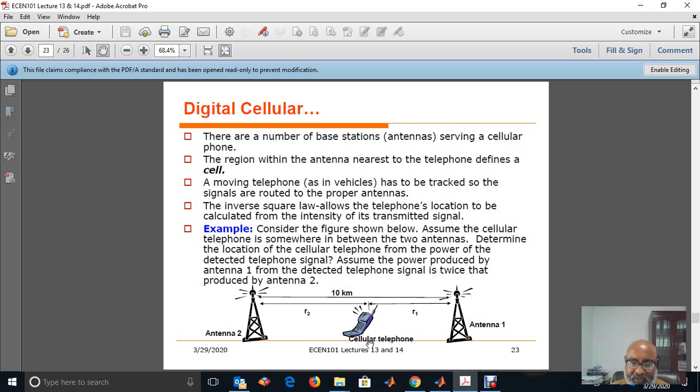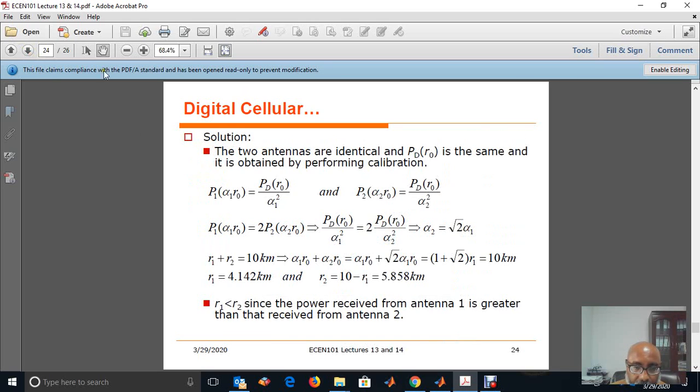Localization means the location of the receiver, or the location of the mobile phone. This is how in mobile communication they use this concept. Of course, R1 is less than R2, since the power received from antenna 1 is greater than the power received from antenna 2.